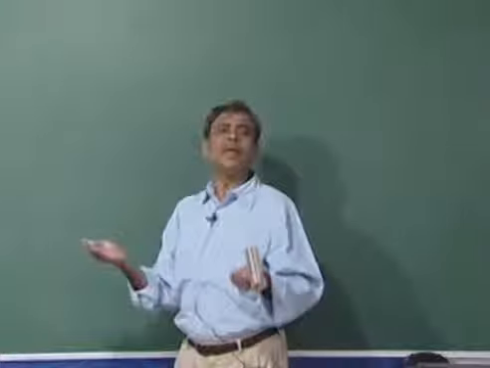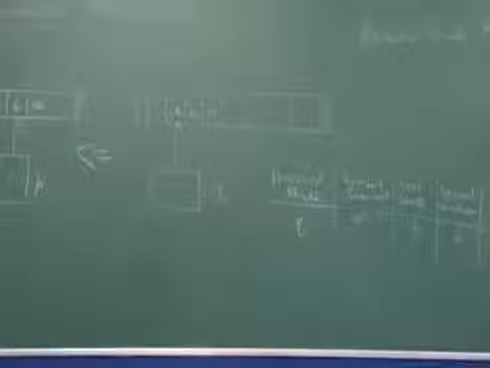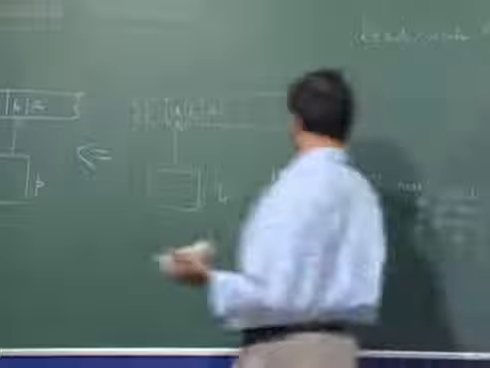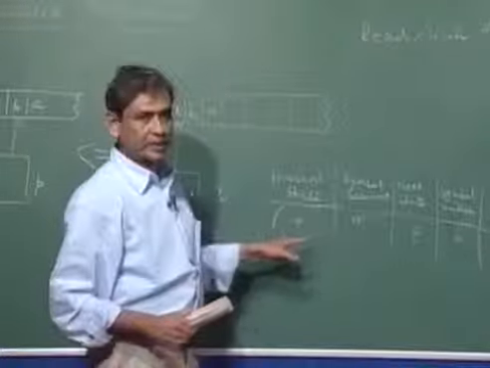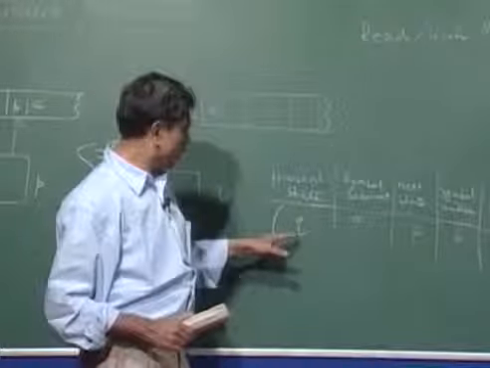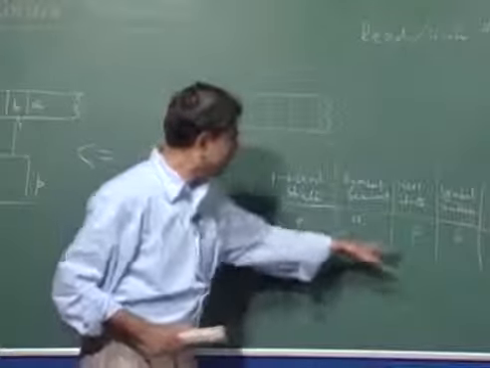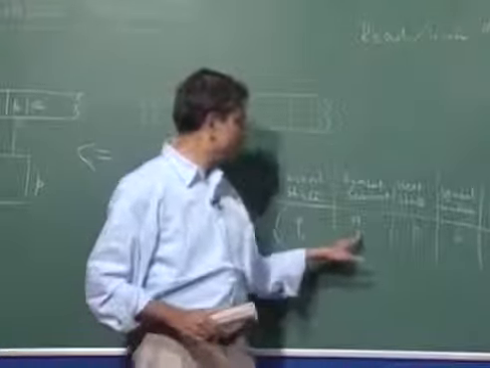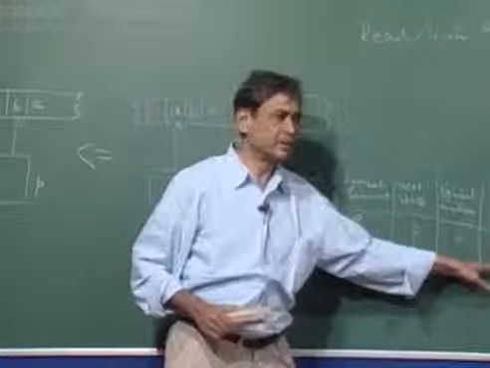Now you can see, therefore, I can describe completely the dynamic behavior of a Turing machine by listing down these kinds of quintuplets. Why do we call it a quintuplet? Because there are 5 things here: present state, symbol scanned, next state, symbol written, and the direction of the move.